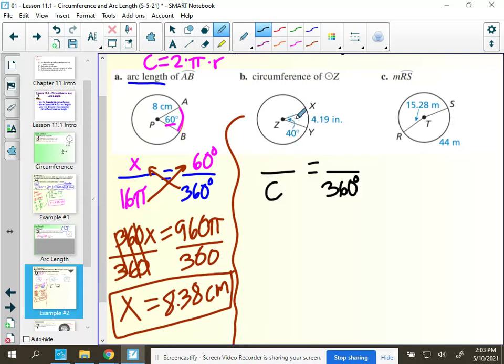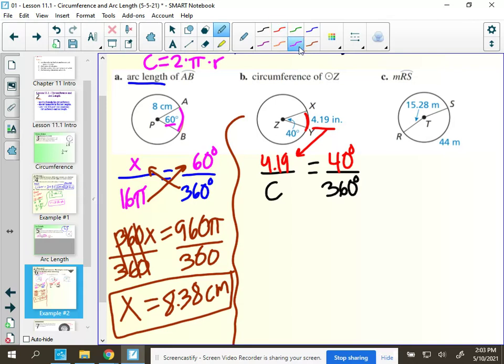So I know a measure of this arc XY. The measure of arc XY based on this figure is 40 degrees. And I know this 4.19 is the length of the arc. So we're still using the proportion, just in a different way. Now this one I love because pi is not really involved here.